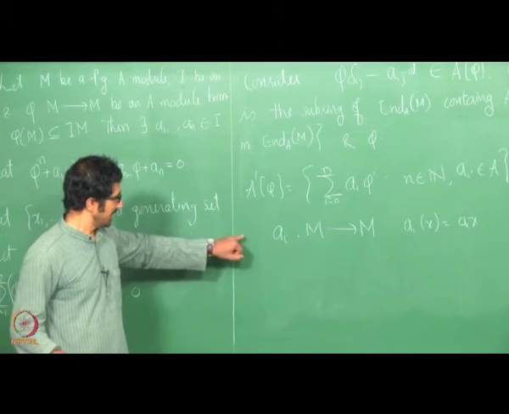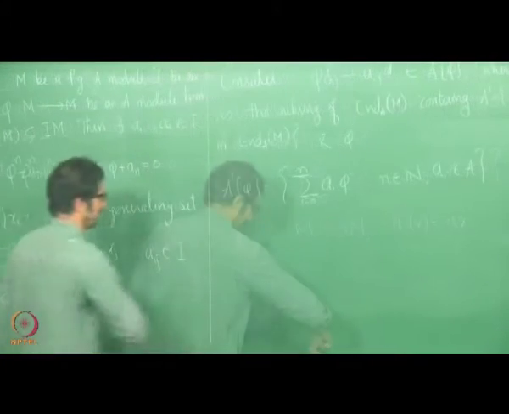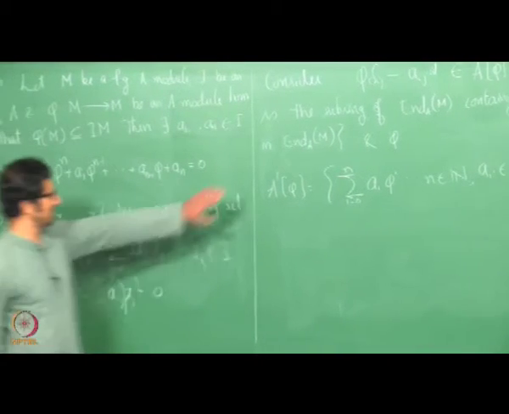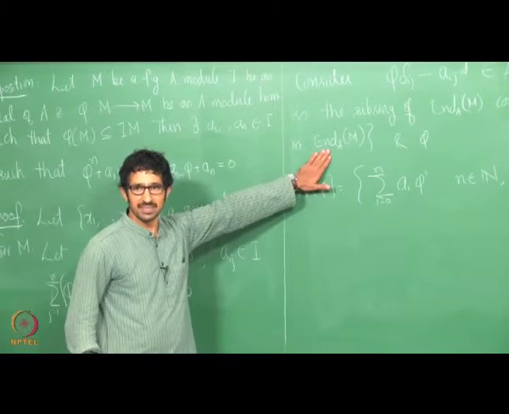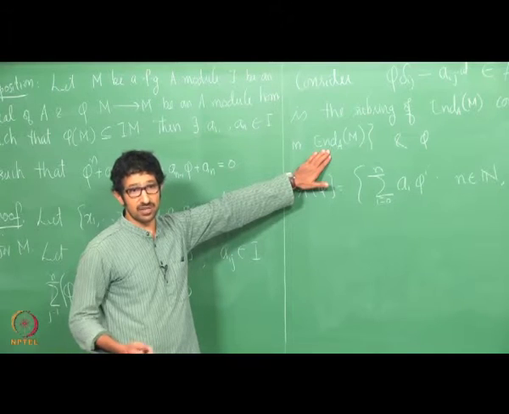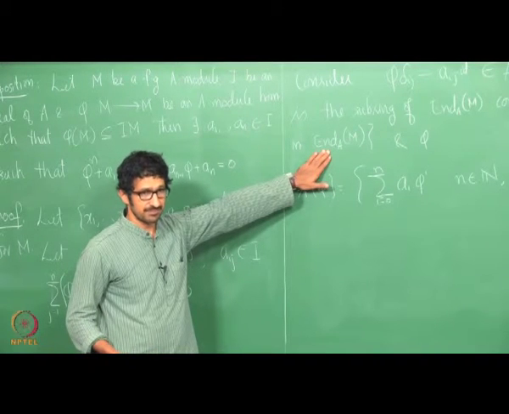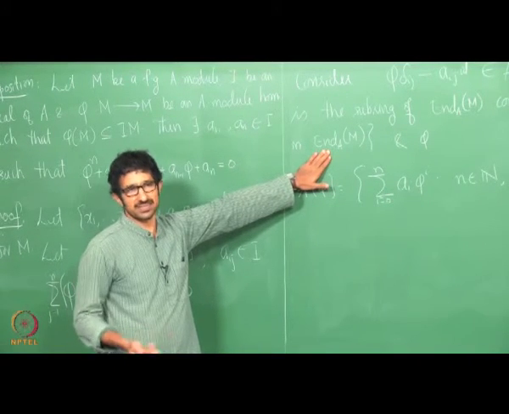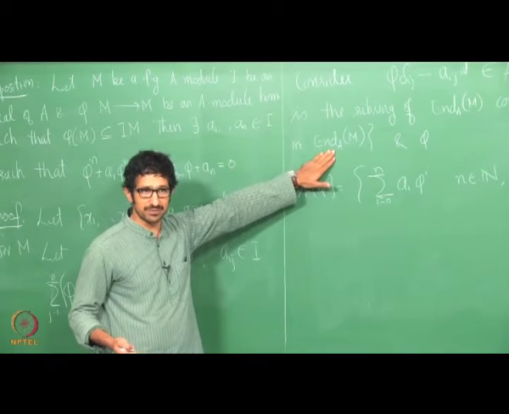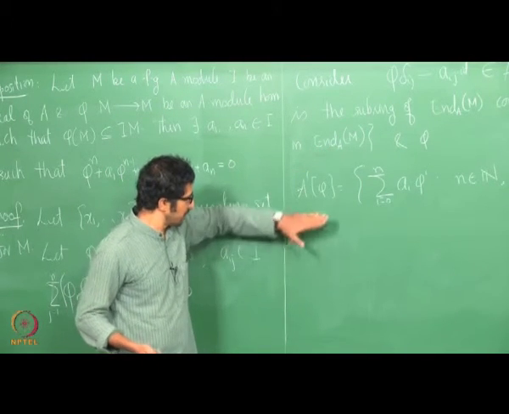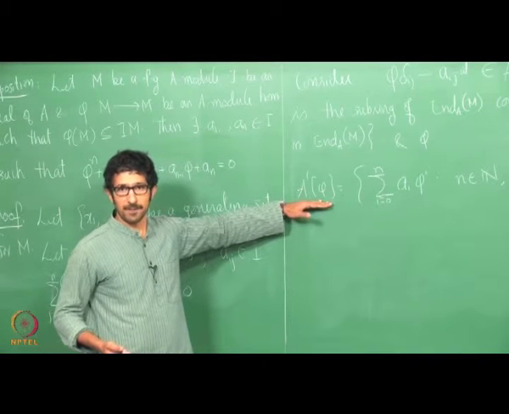Now the ring of endomorphisms of M, End M, is not a commutative ring. In the general case, this is not commutative. What can you say about this ring?